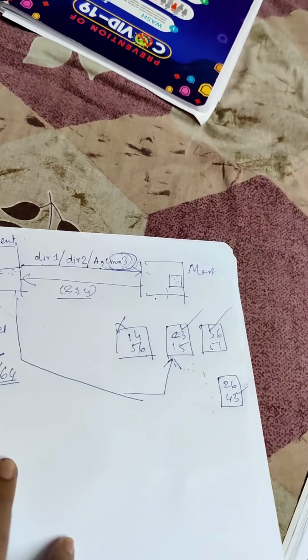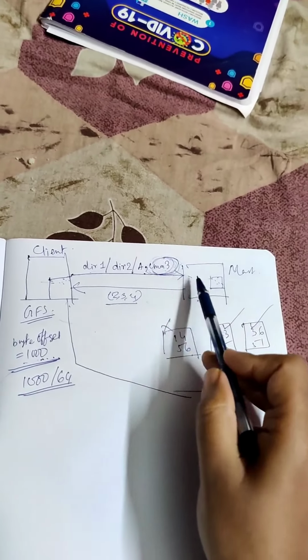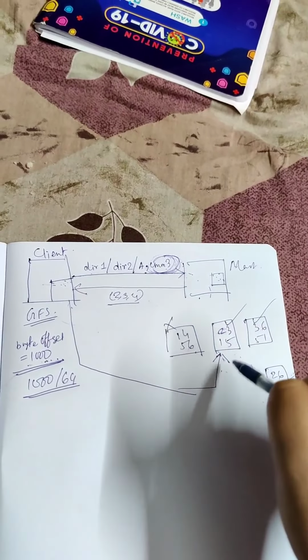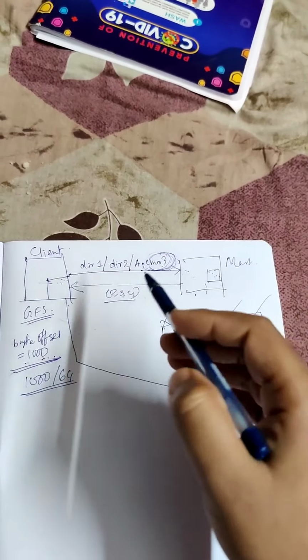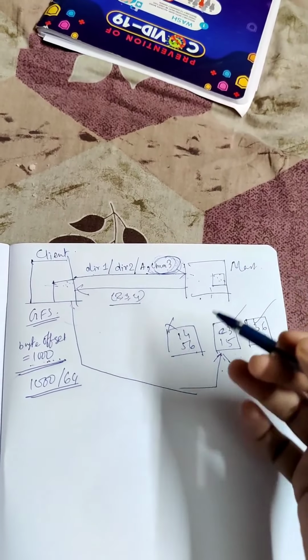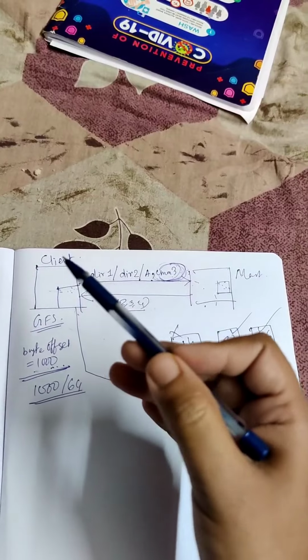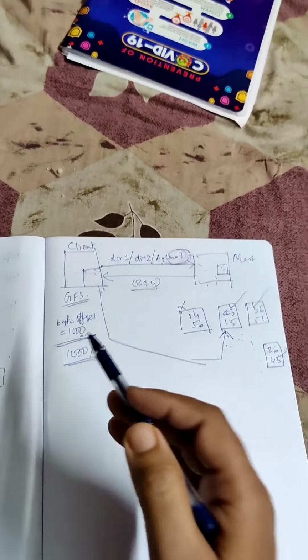Look, one point needs to be understood here. The master doesn't access the data itself because that would be overhead. That's why we give this responsibility to GFS.